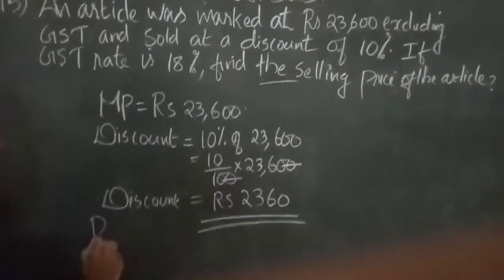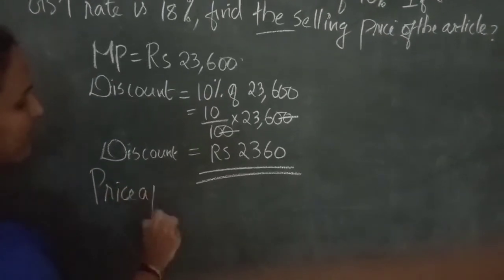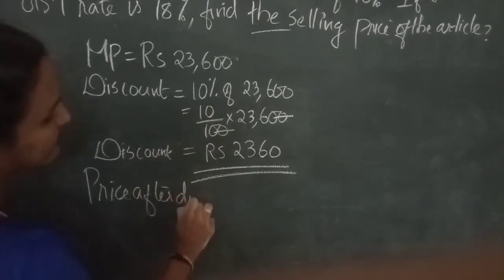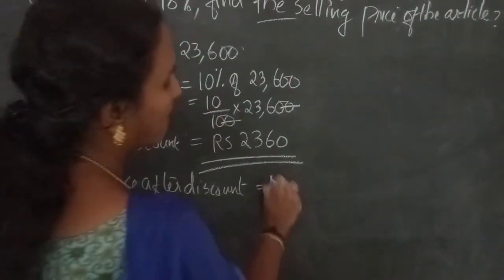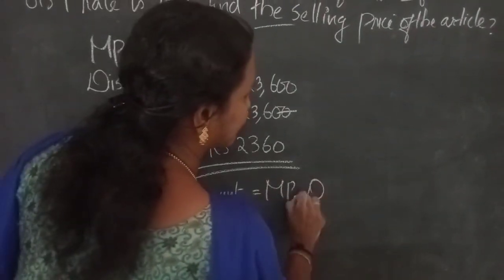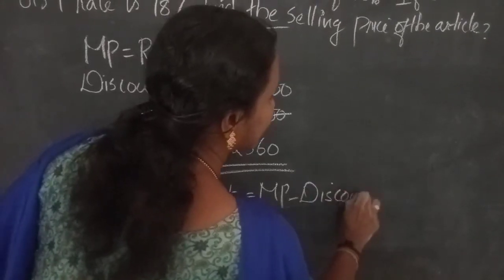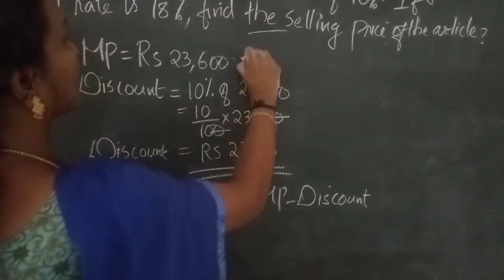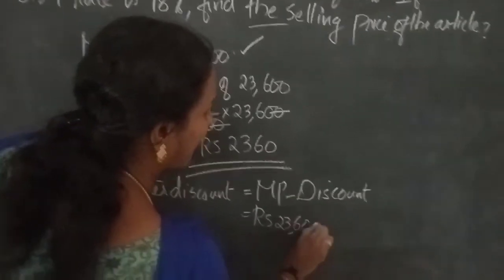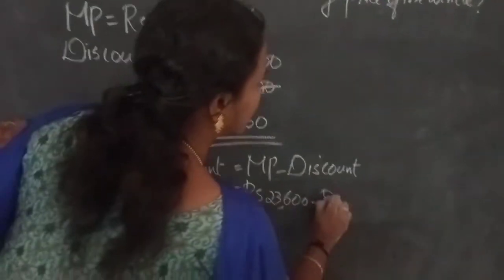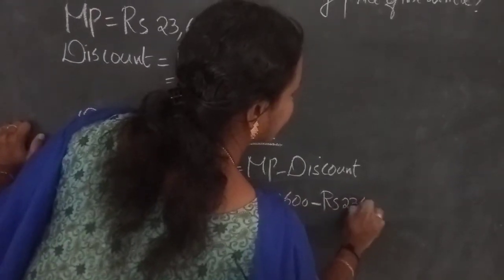Then you have to find out price after discount. Price after discount is equal to mark price minus discount. Here the mark price is 23,600 minus your discount is 2,360.